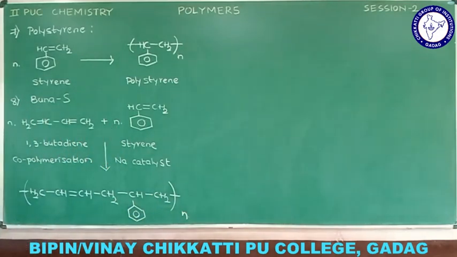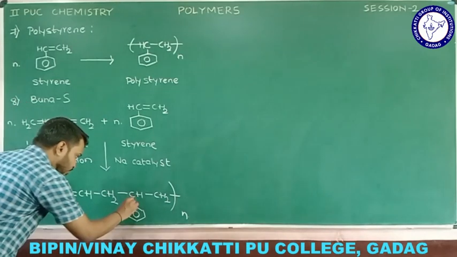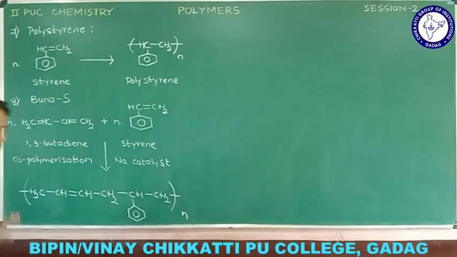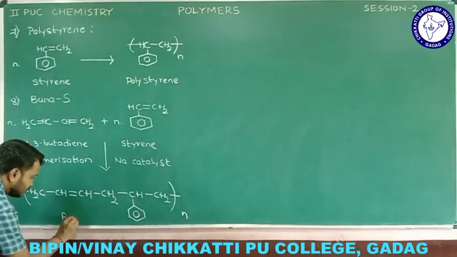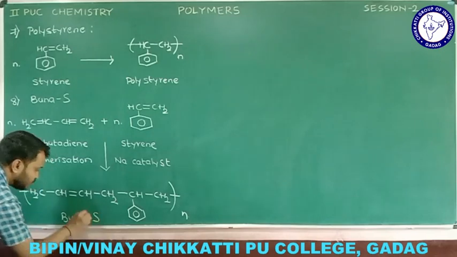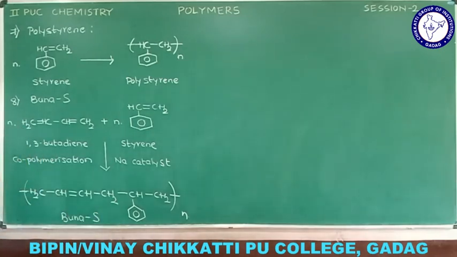And just check whether the valency of carbon is balanced or not, okay, and that would be the perfect structure I can draw, and this I call Buna-S, Buna hyphen capital S you are supposed to write.